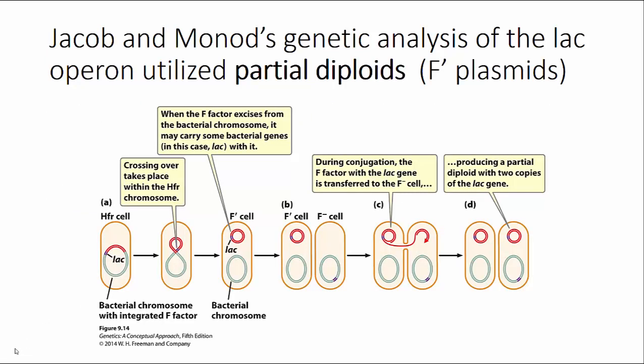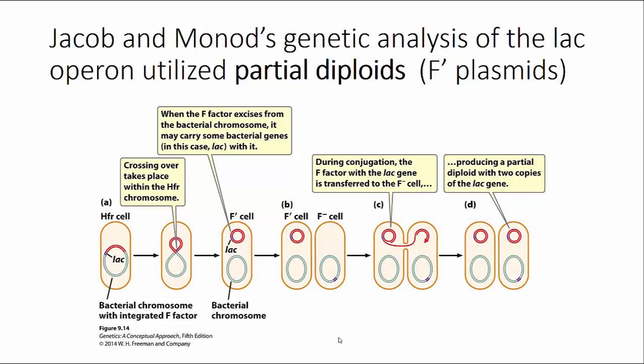Next, I'd like to tell you about some additional experiments that Jacob and Monod did on this lac operon to figure out how it worked. What they did is they used something called an F' plasmid to create a bacterial cell that had two copies of the lac operon. The way that F' plasmids are created is shown here, and we don't need to know the details.